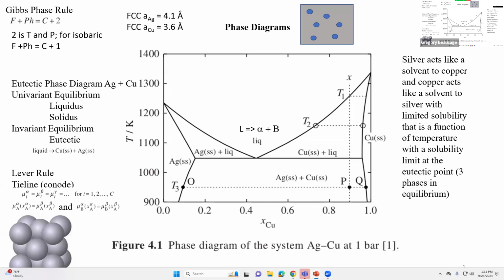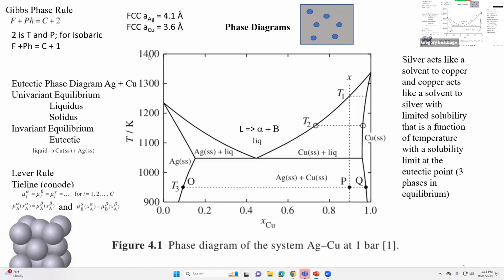So you heat it up enough, it goes into a liquid, and they mix. You just have liquid silver and copper mixed together, and then you cool it down. If you're near the silver end, you have this 4.1 angstrom spaced FCC structure. The a would be the distance between the corners here, and it's 4.1 angstrom for silver.